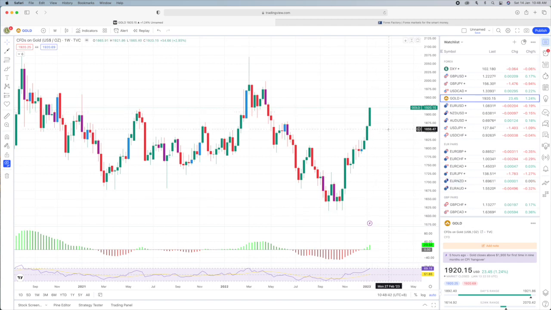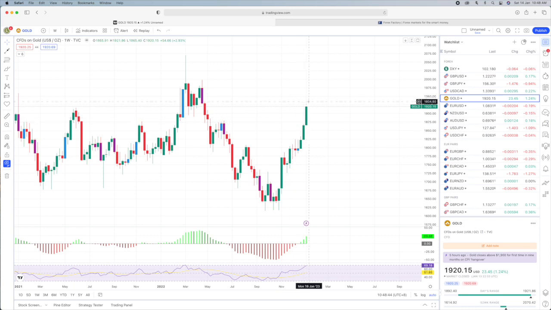Gold, we can see that in the last analysis, I mentioned that gold will be tapping this 1920 level. So there's a probability to tap this price. The market has tapped that area, and now I'm expecting gold to fall.